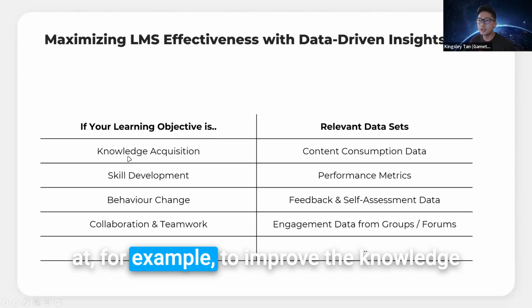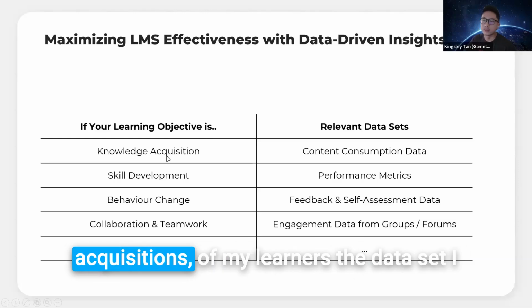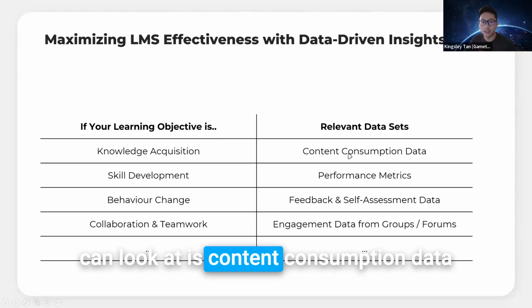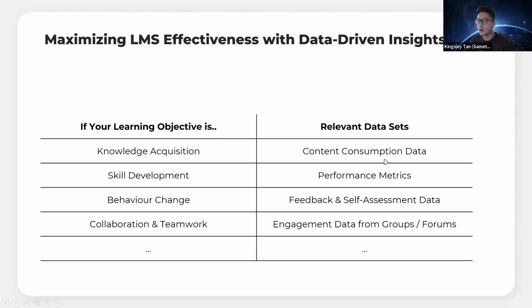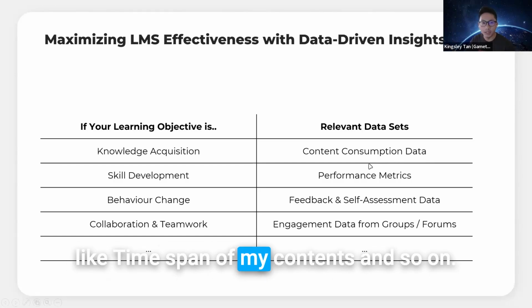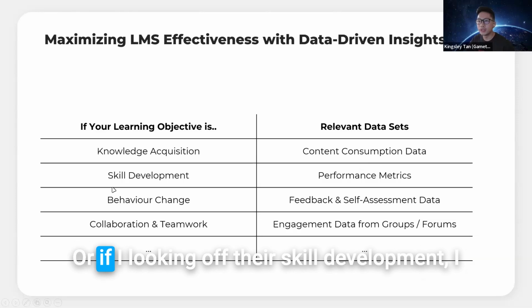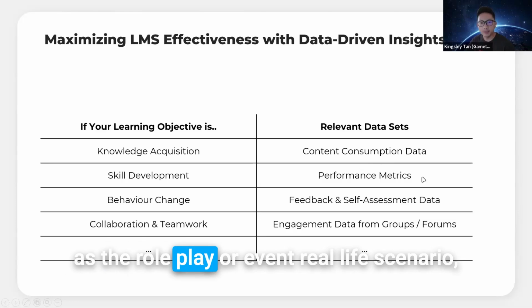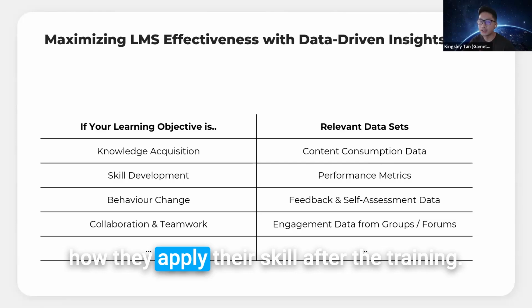For example, to improve the knowledge acquisition of my learners, the data sets I can look at are content consumption data, quizzes, or even data like the time span of my contents and so on. Or if I'm looking at their skill development, I can also look at performance metrics such as role play or real-life scenarios, and how they apply their skills after the training.